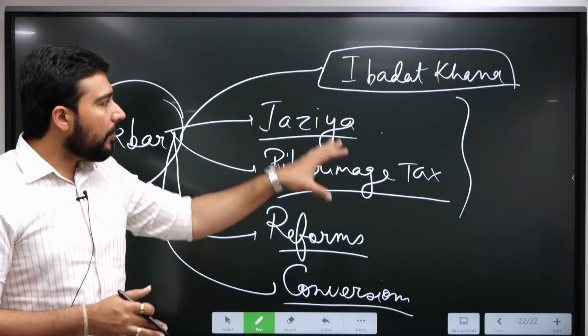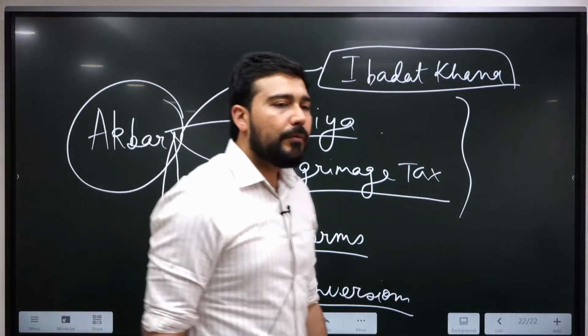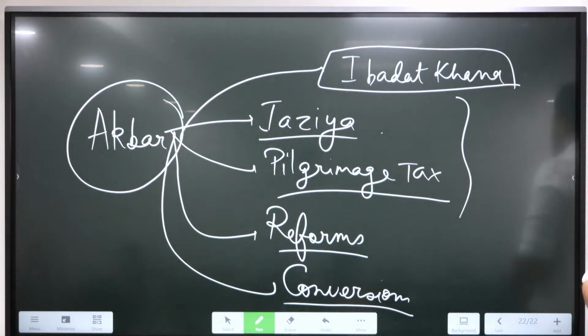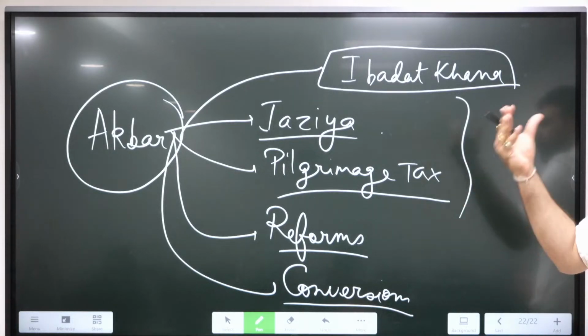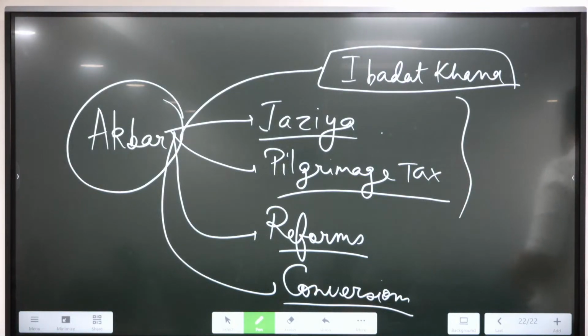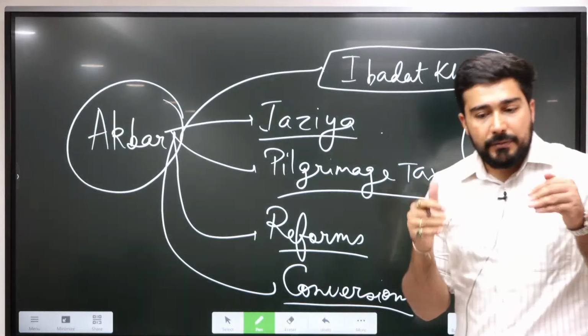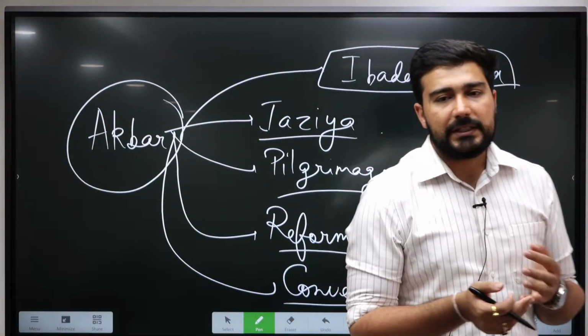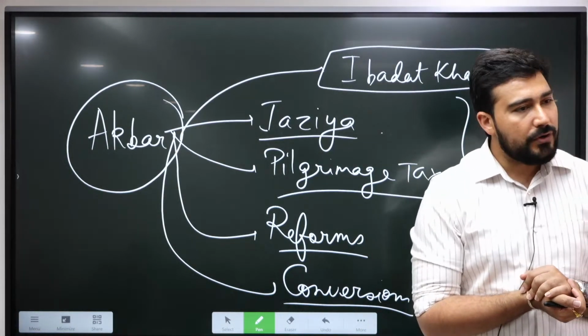Because of all these things, Akbar is considered a unique person in medieval history, who was able to do a large number of reforms and create a similar level of citizenship for all his subjects. The maximum number of people were Hindus at that point of time.